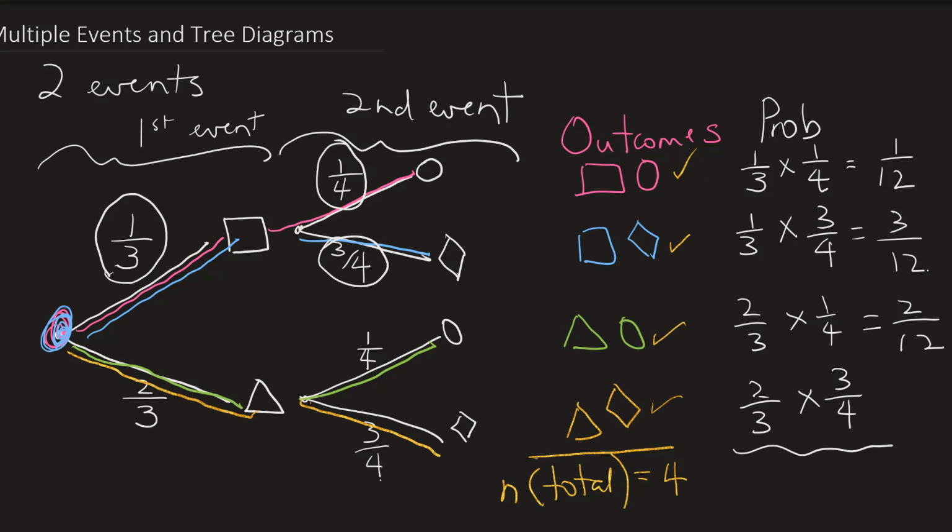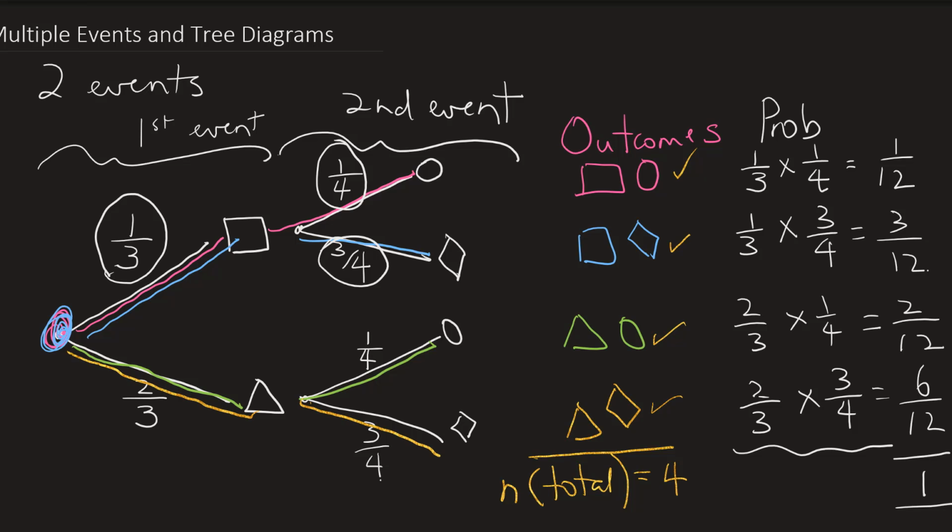And 2/3 multiplied by 3/4 is 6/12. So that when I add the probabilities up, I do get 1. And this is a great check to know that you have got your probabilities correct.